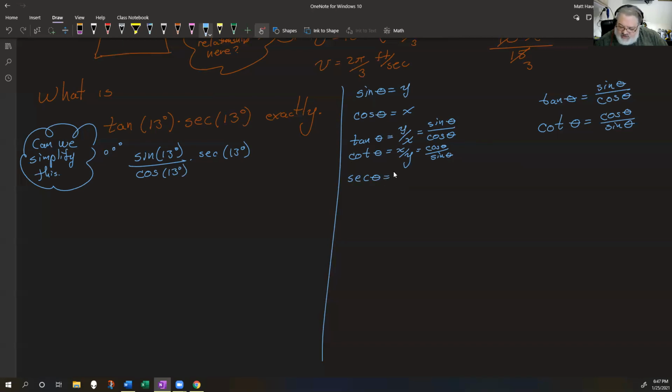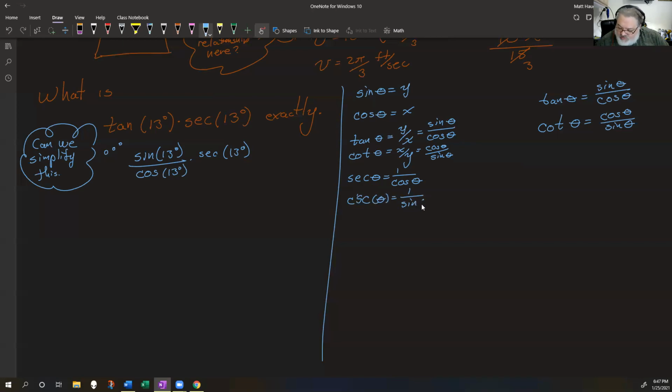What about this secant? Well, we know secant is supposed to be the reciprocal of cosine. It's supposed to be 1 over the cosine function. Just like the cosecant is 1 over the sine.